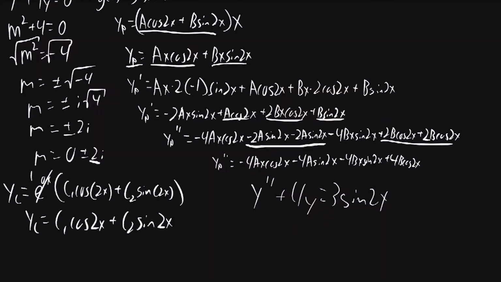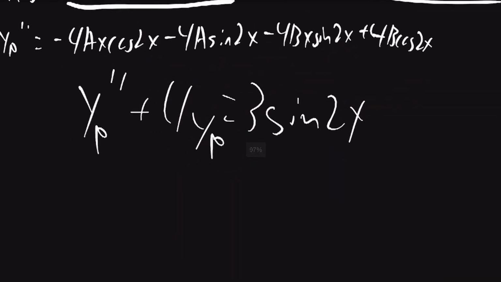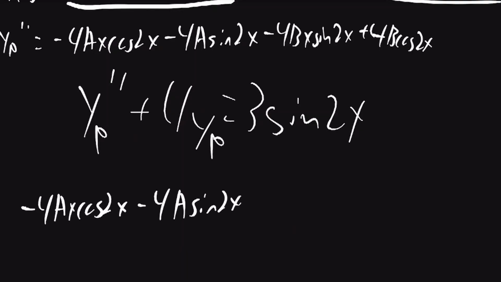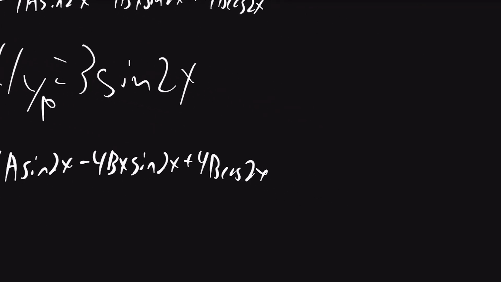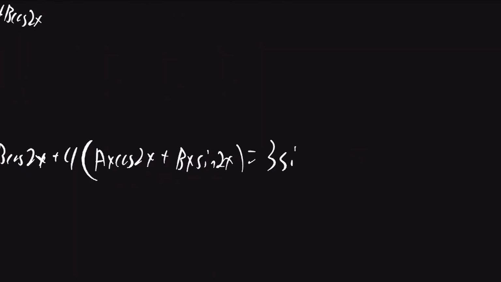Because yp is a solution to this differential equation, we can plug in yp and yp double prime into this differential equation. So it'll be negative 4 times ax times cosine 2x minus 4a sine of 2x minus 4bx sine of 2x plus 4b cosine 2x plus 4 times ax times cosine 2x plus bx times sine of 2x. And that will all be equal to 3 sine of 2x.